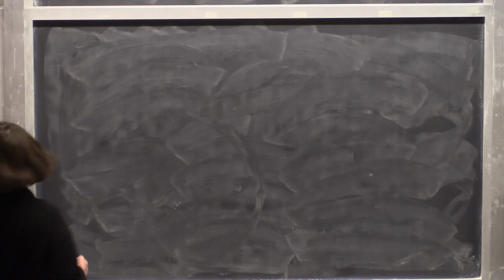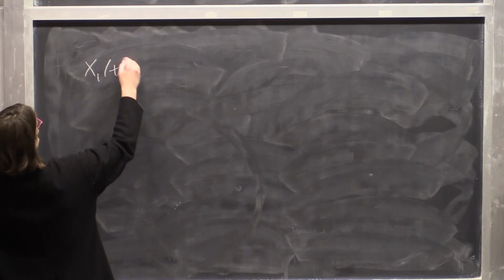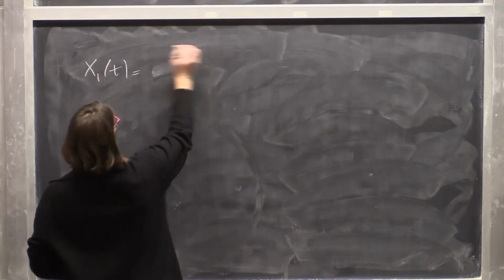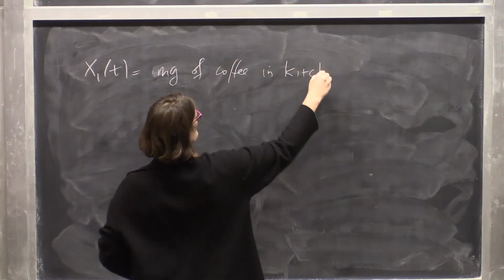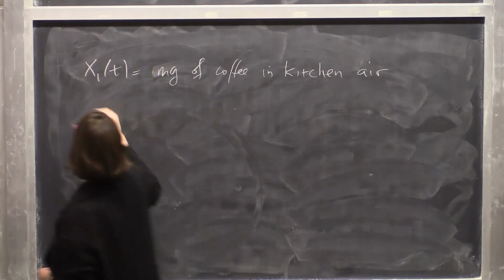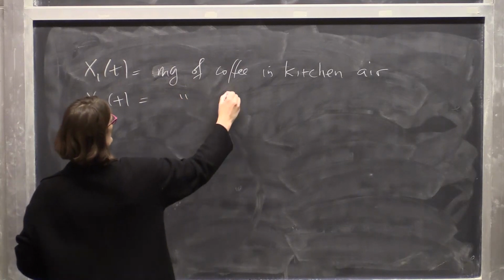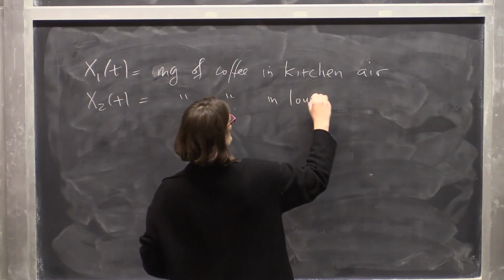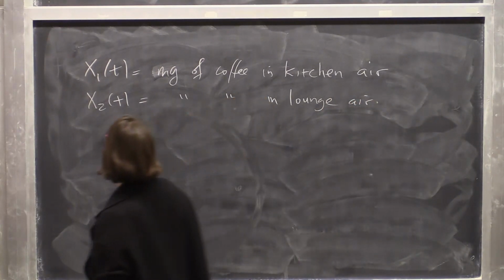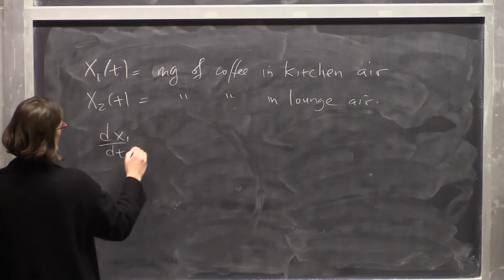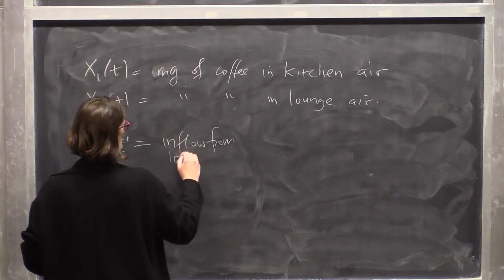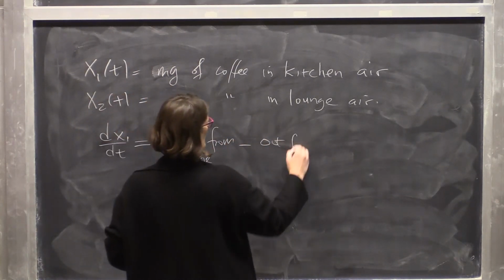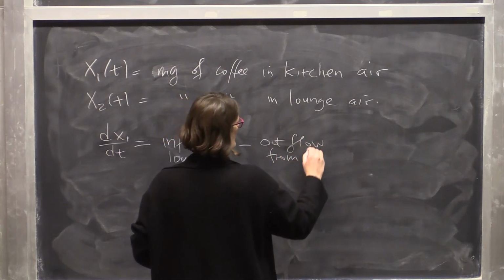Okay, so how do we model this? So let's do this problem. x1 of t is the amount, or milligrams of coffee in the kitchen air. x2 of t is milligrams of coffee in the lounge air. dx1/dt is going to equal inflow from lounge minus outflow from kitchen.